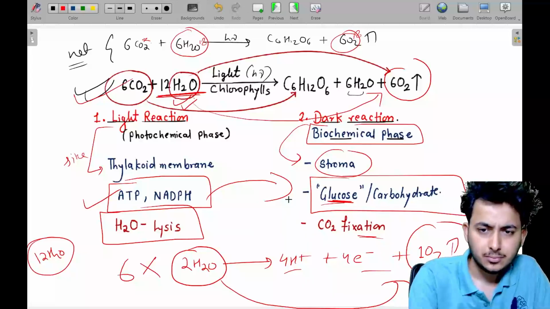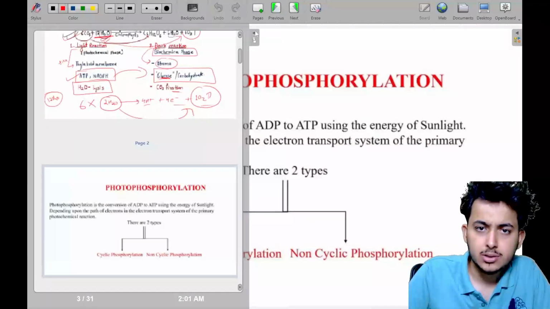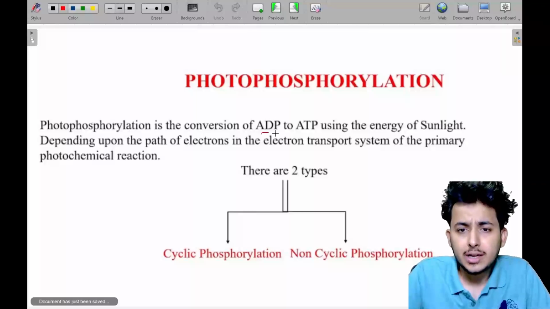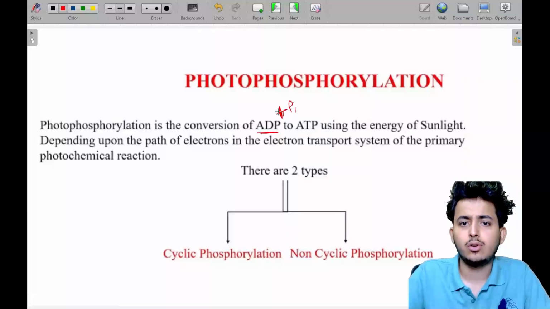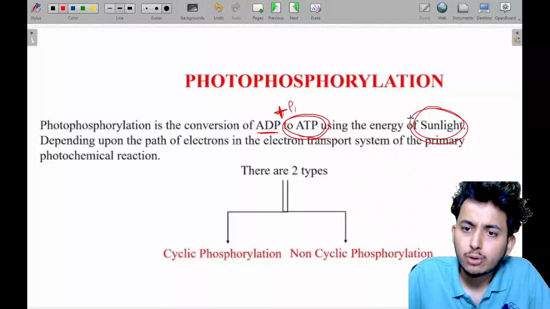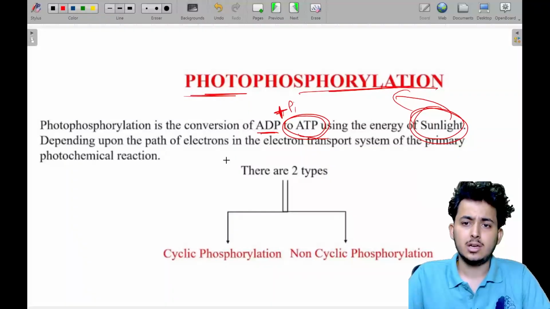Now, we will be dealing with the process we call photophosphorylation. That is the process by which ADP combines with Pi, that is inorganic phosphate, to form ATP, using the energy of sunlight. That is what is called photophosphorylation, guys.